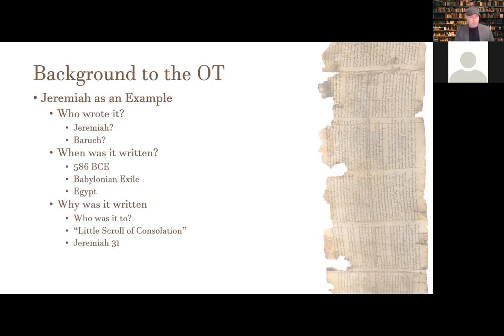This is how understanding this background to the Hebrew Bible can help us understand the fullness of the biblical message a little more. We have to understand that Jeremiah 31 and the promise of the new covenant was written to a people in exile in that day, that they would understand as something that meant something to them then and now.